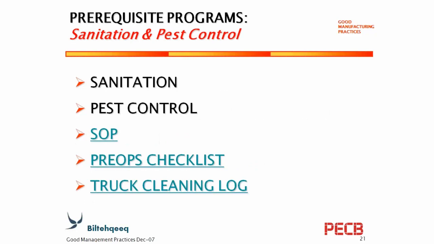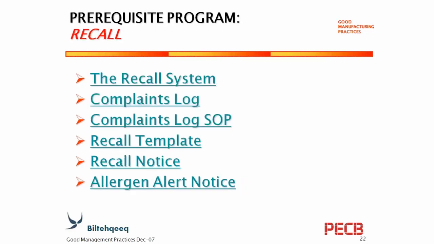So you have to properly maintain the sanitation, and you have to develop the SOPs for the pest control and sanitations, and you have to develop a proper checklist for all these prerequisites before starting any operations. And if the carriers are coming in your premises, like truck or other carriers, you have to develop a proper cleaning log for these trucks or carriers.